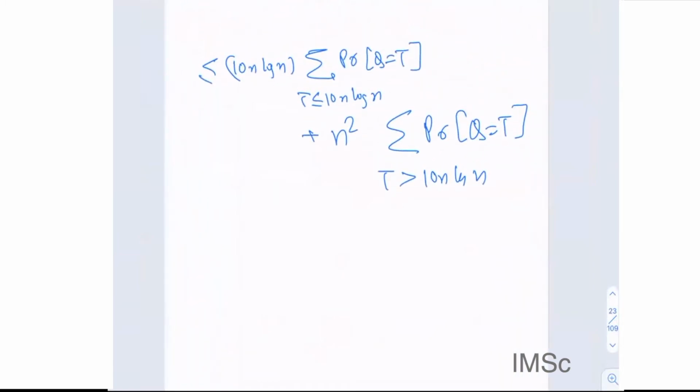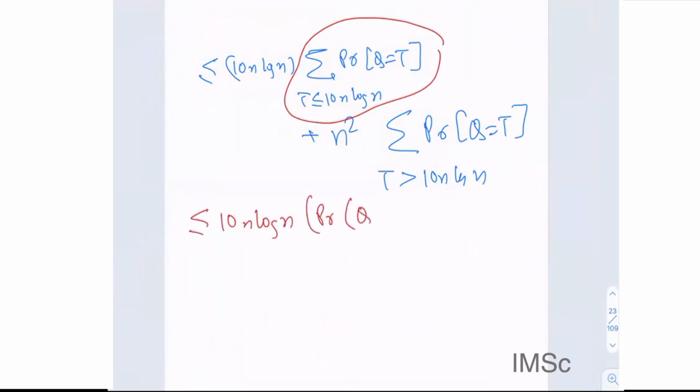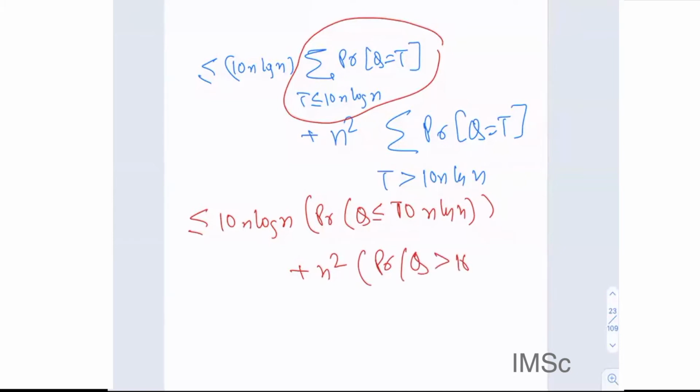Now let's ask ourselves, what is this probability? Well, this is the same as saying 10 n log n times the probability that Q is less than or equal to 10 n log n, plus n squared times the probability that Q is greater than 10 n log n.